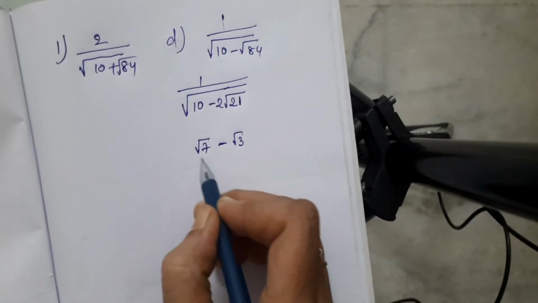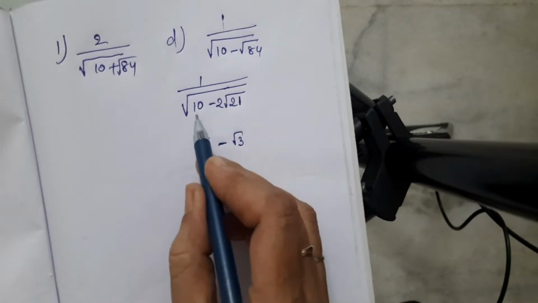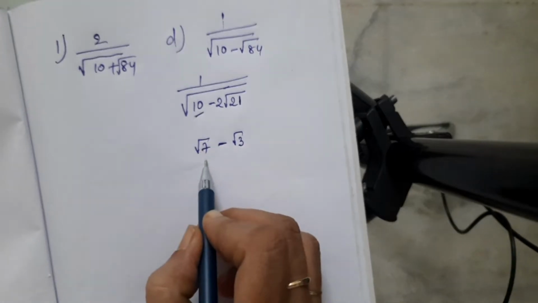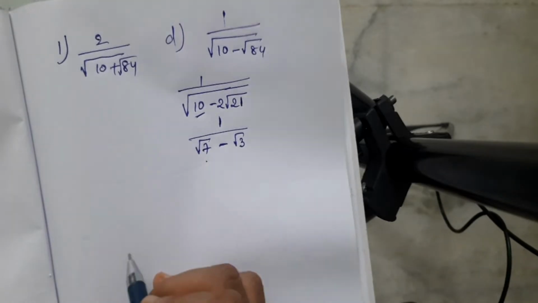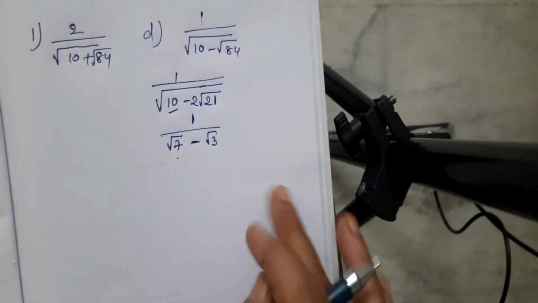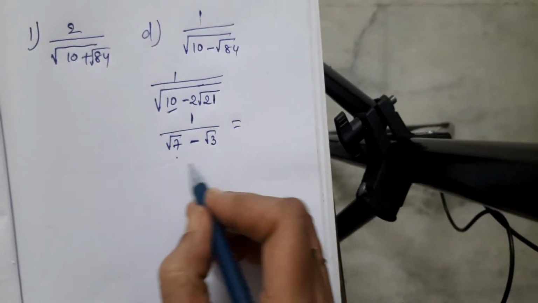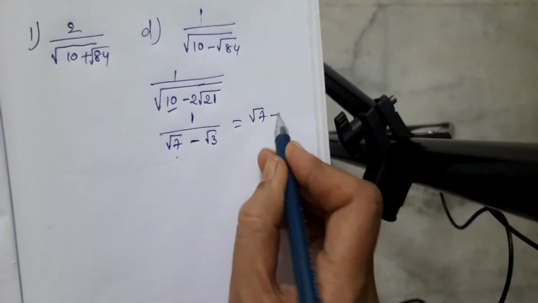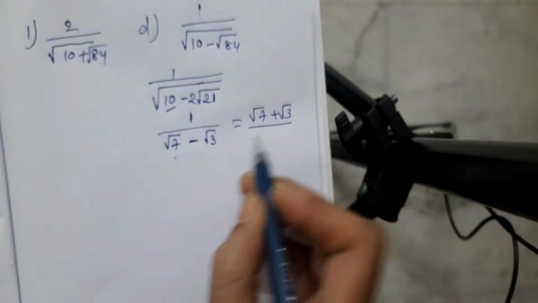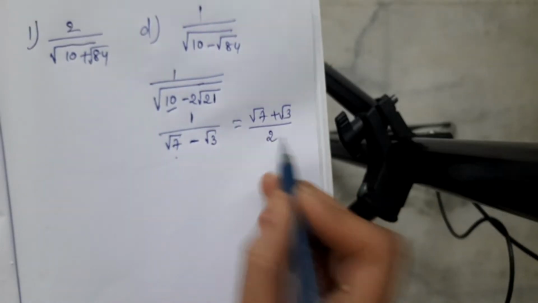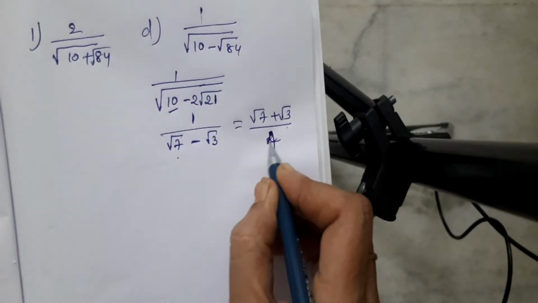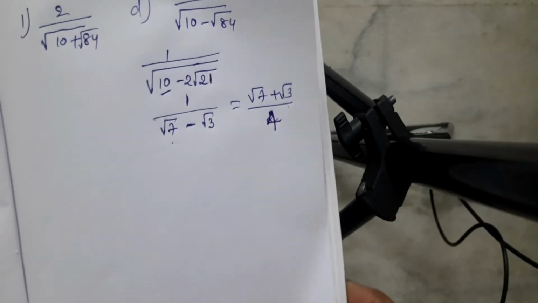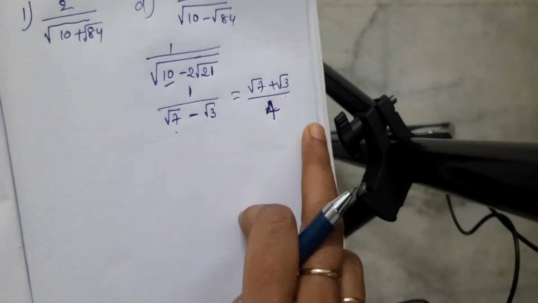How we got root 7 minus root 3? 10 is there. I told like always big number to be taken. And then upon 1. Now we'll rationalize it. So rationalization, opposite sign of this. Root 7 plus root 3. 7 minus 3 is 2. Sorry, 7 minus 3 is 4. Here also I wrote 7 minus 3.